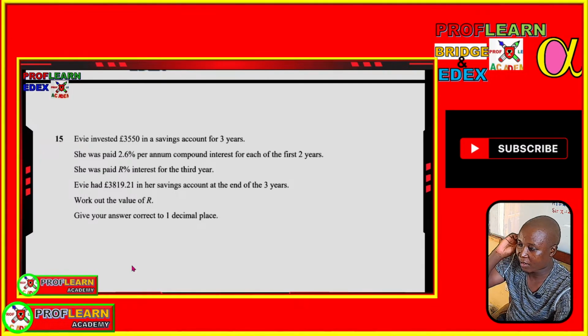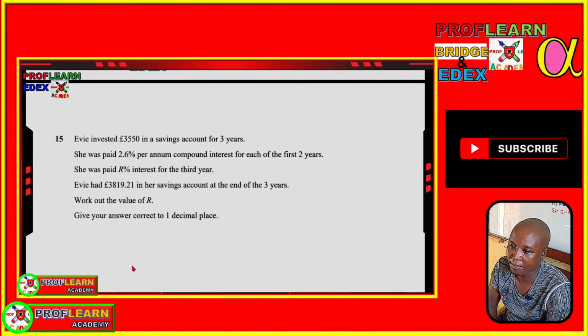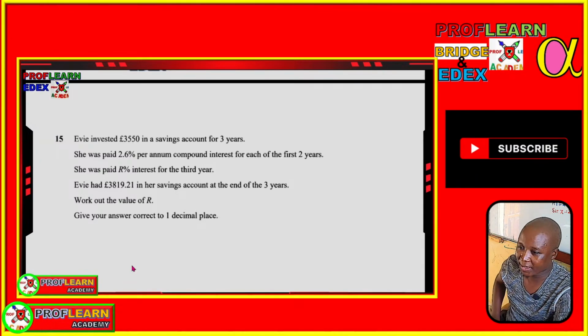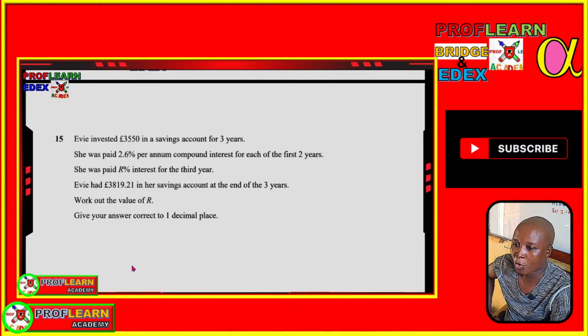Question number 15 is a question to do with compound interest. Under compound interest, you can be given a question whereby the interest is based on a given period of time. So we are told that Eve invests 3550 pounds in a savings account for 3 years.